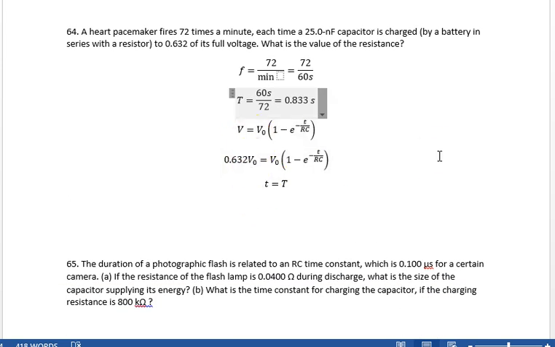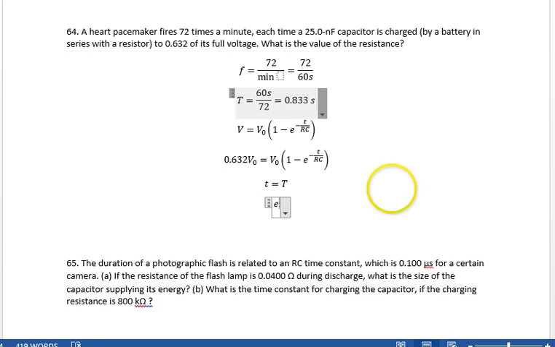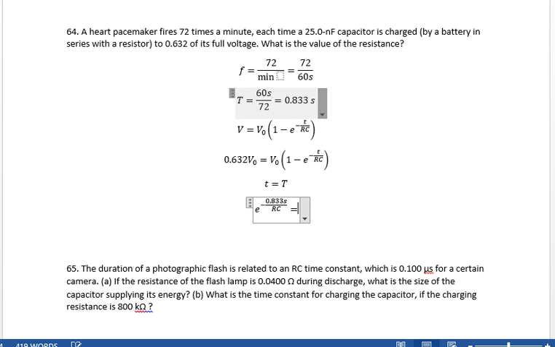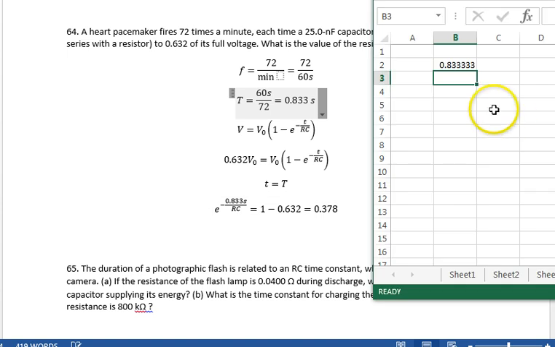We end up with e to the minus 0.833 seconds divided by RC equals 1 minus 0.632, which is 0.368.